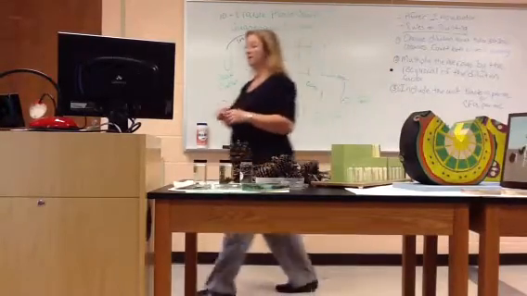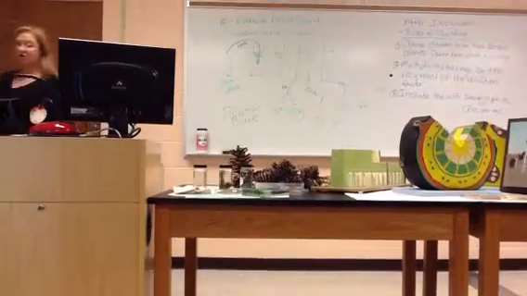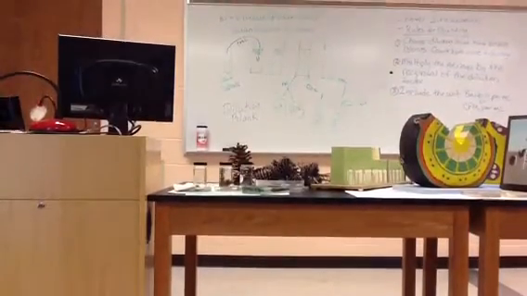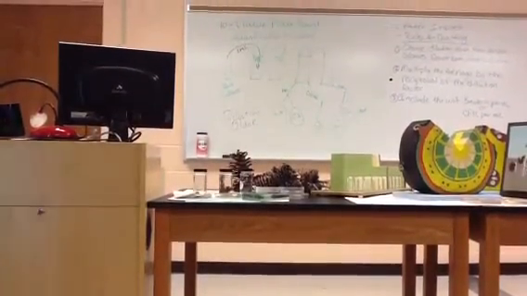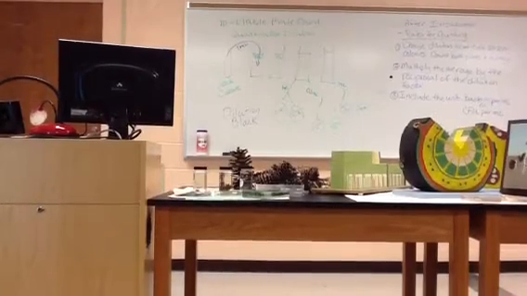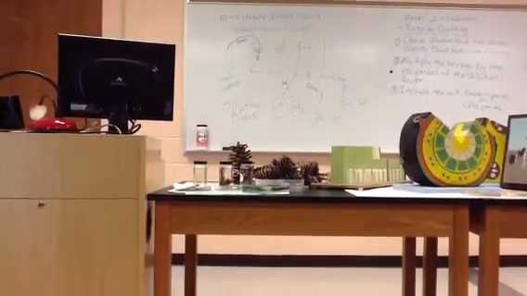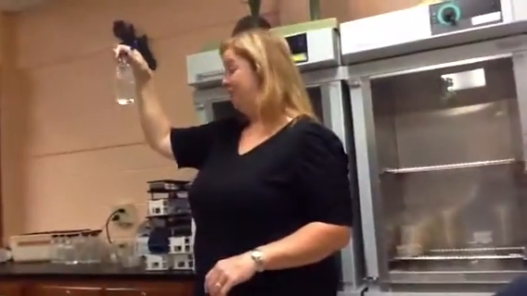A dilution blank is just a bottle that's got 99 mils of sterile water in it. Got one back here to show you. Here they are, glass bottles. They've been filled with 99 milliliters of water and put in the autoclave to be sterilized. So that's your dilution blank.